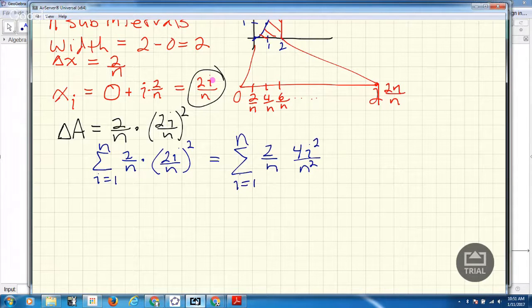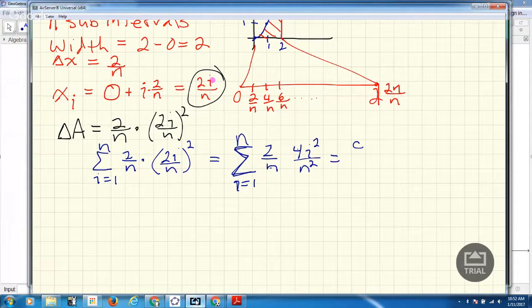Now, the summation has a variable, an index of i, so the i's are stuck in here, but everything else is fixed. So for example, n could be 10, right? So it's a fixed number, whatever n happens to be at that point in time. So cleaning this up, I can pull out the 2, I can pull out the 4, I can pull out the n and the n squared.